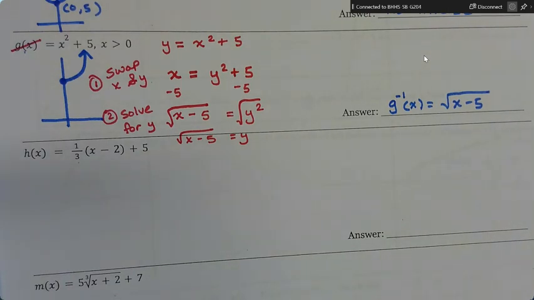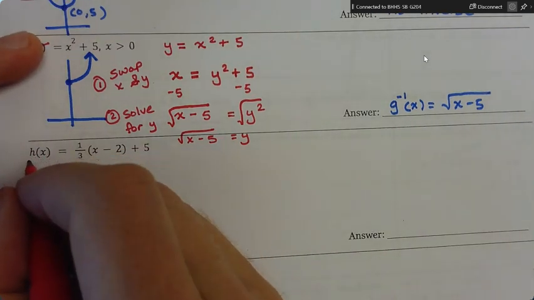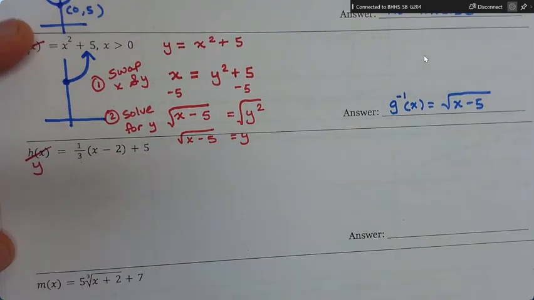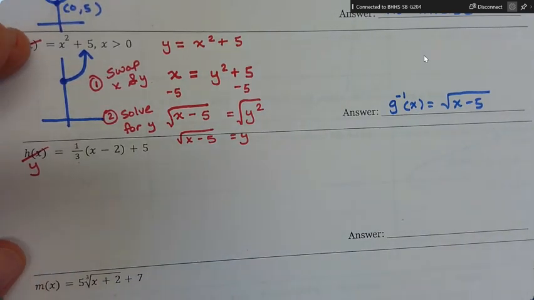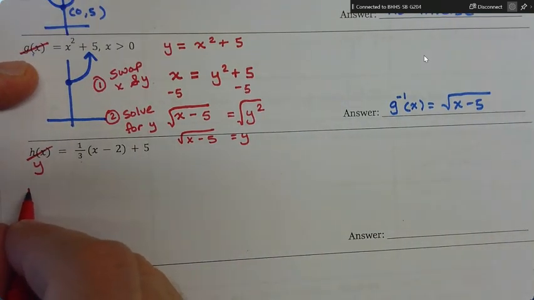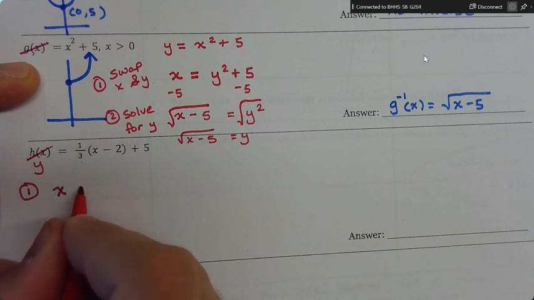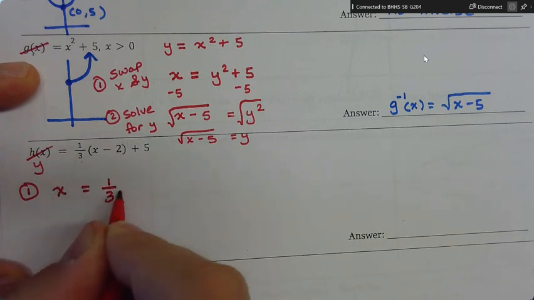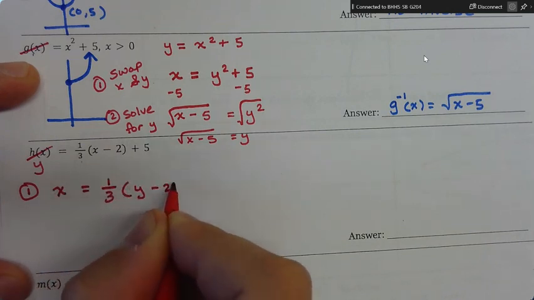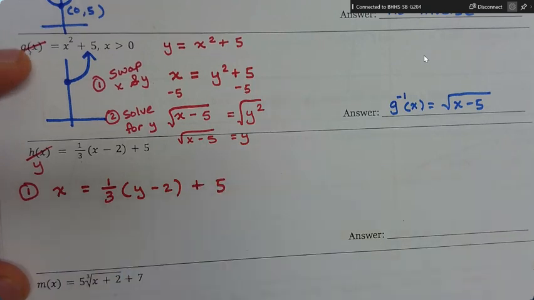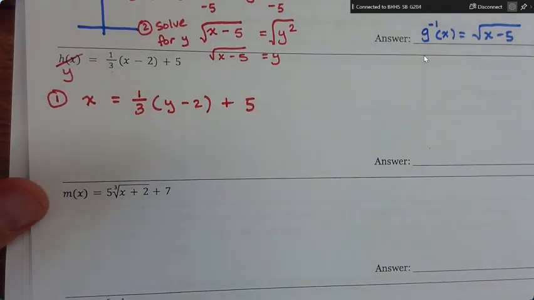Negative, okay, it's a possibility. Well, let's see. I'm going to change that to y. And then step 1, I'm going to switch the x's and the y's. Okay, so we get something that looks like this.